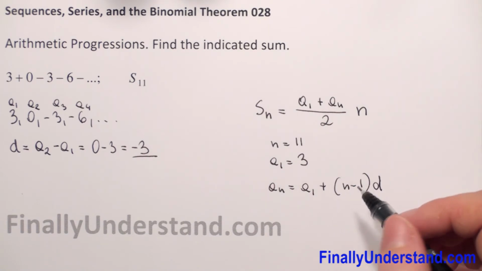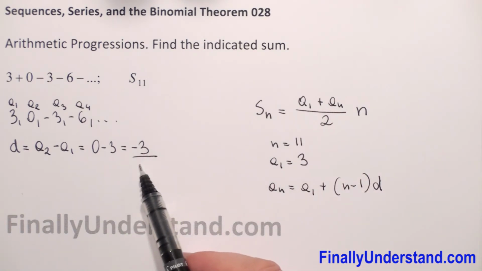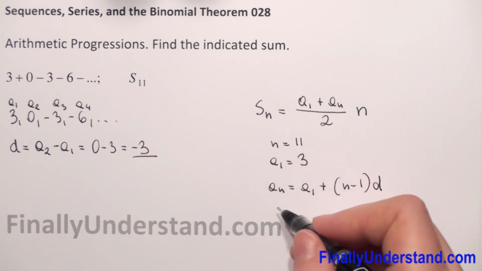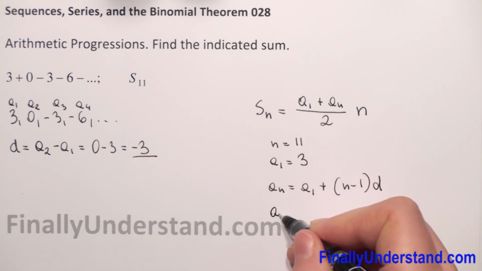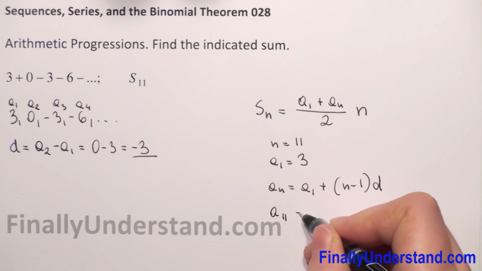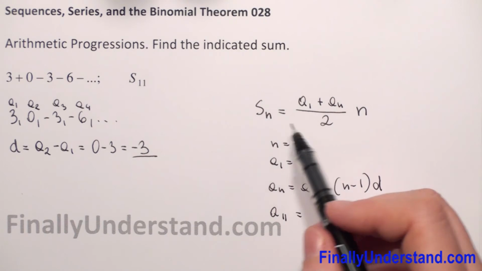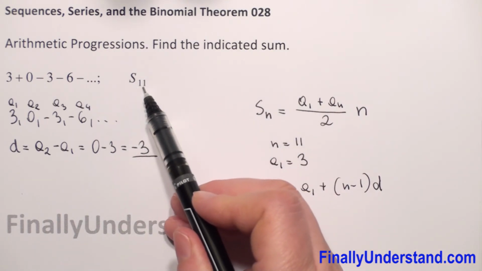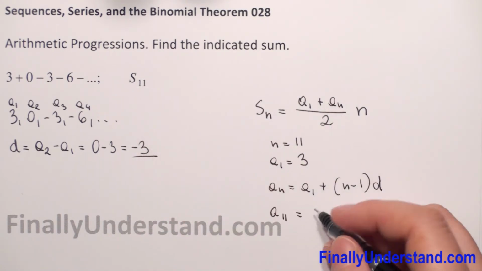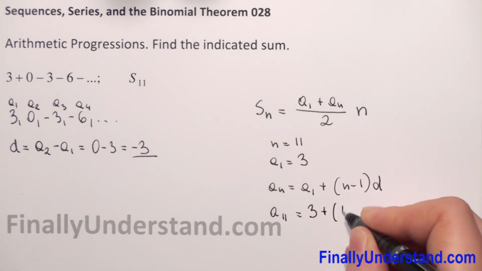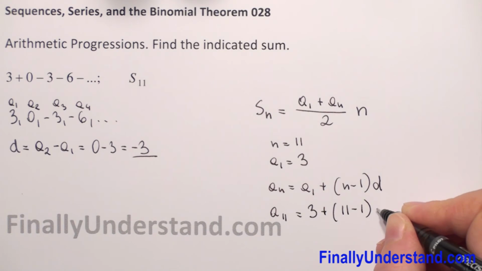So we calculated d, we have a1, so we can find a11 because we have to find the sum of the first 11 terms. N is 11. So a11 is 3 plus 11 minus 1 times d, which is negative 3.